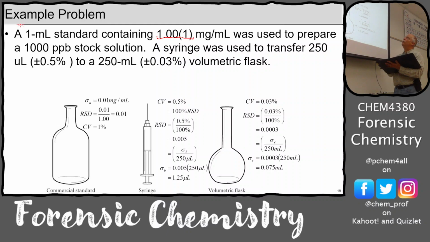And so how do we convert that into, say, a standard deviation and a relative standard deviation? So we're looking up here. If I've got a number written like this and it's milligrams per mil, the uncertainty is this. Can you see that?